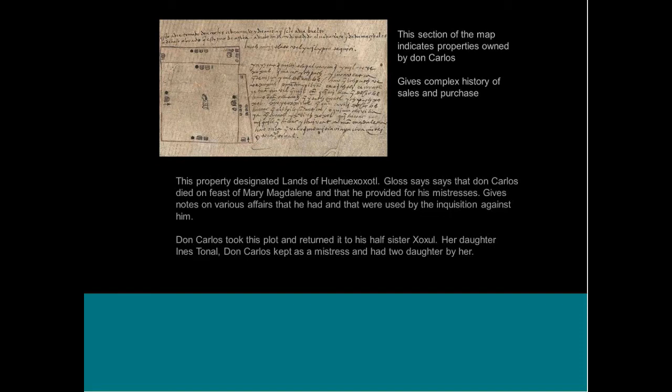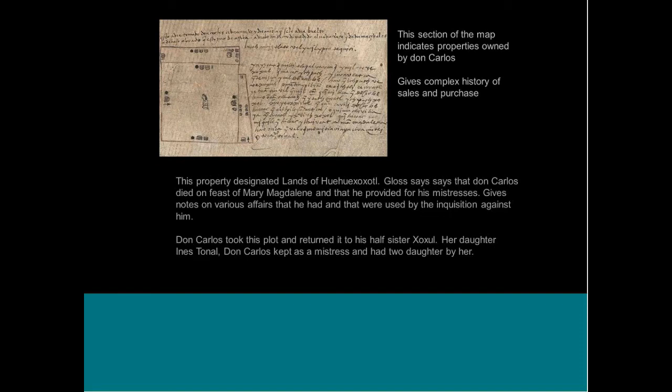And in several other places on the map, we get a sense that Don Carlos was a real player, and that he, at least according to the indigenous testimony, attempted to swindle people out of pieces of property, constantly had his ear to the ground to try and figure out which pieces of property were unoccupied, who owned them, who was dying, which pieces of property he could buy up.